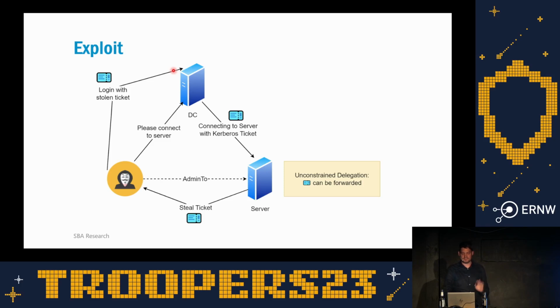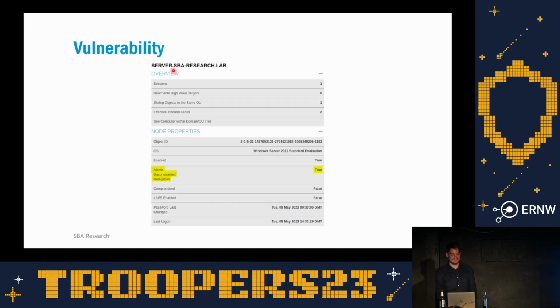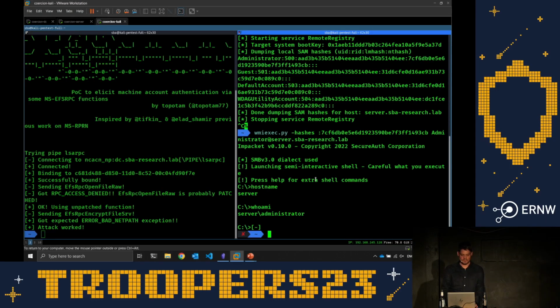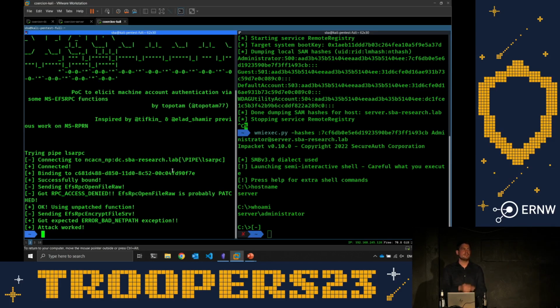Not sure if we will see it in a second. So in our example, the server that we just took over has unconstrained delegation enabled. This is a screenshot from Bloodhound. We will see. So let's exploit this. First of all, we have to tell the domain controller to connect to this server.